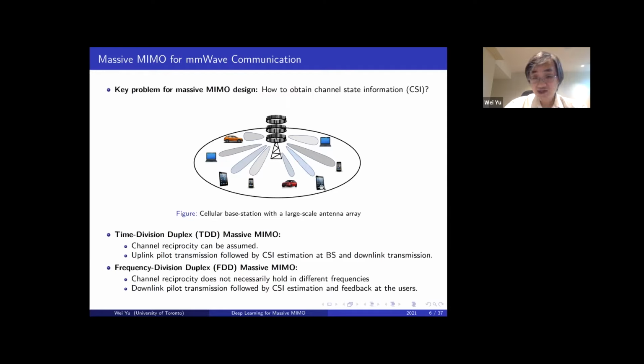But once the channels are estimated, they need to be fed back to the base station. The base station needs to collect the channels from all the users, then proceed with precoding. FDD systems are more challenging to design than TDD systems. So in the second part of the talk, I'm going to talk about FDD systems.